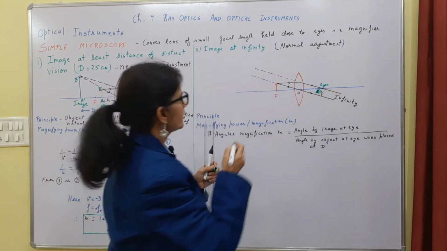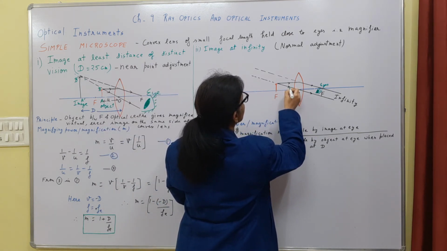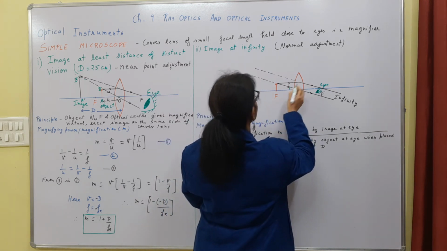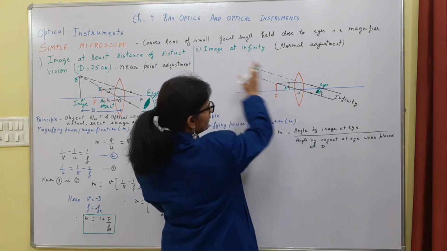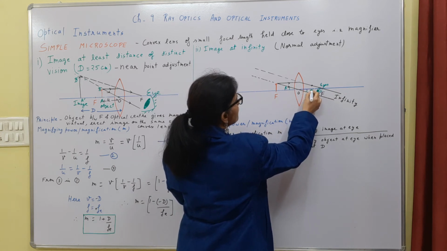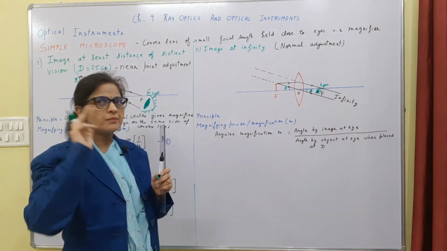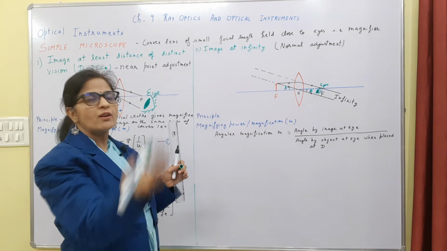Right? And this is the angle formed by the image, because the image will be somewhere at infinity. So what is the angle formed by the image? This is beta. Now in this case, since the image is at infinity, we will have to consider the angular magnification.